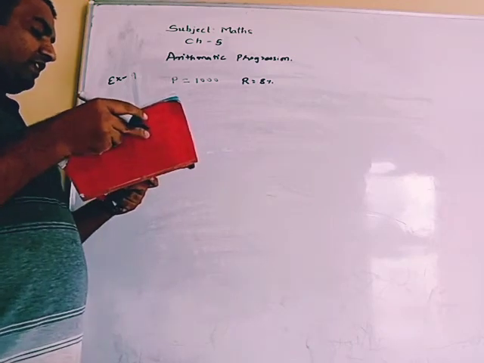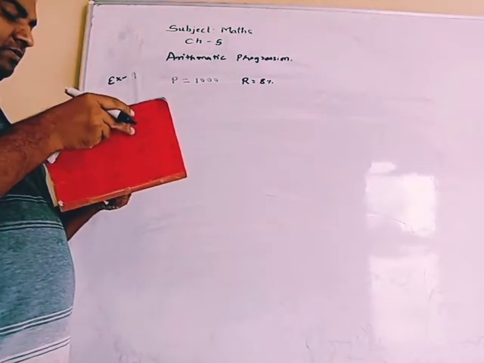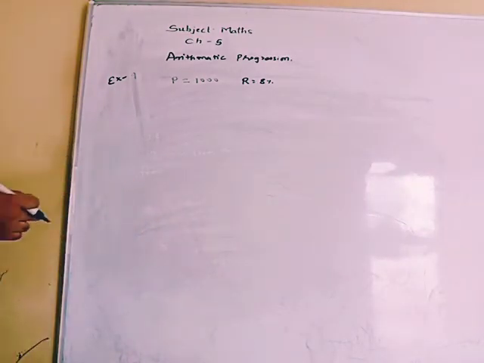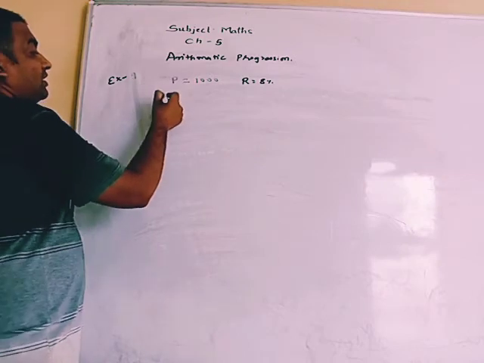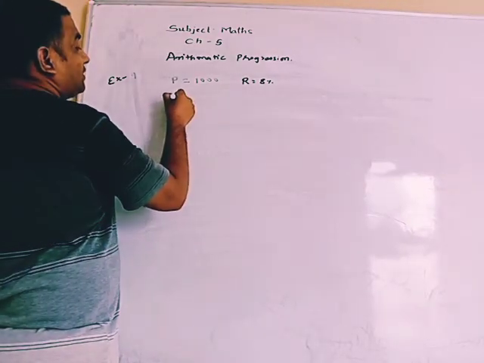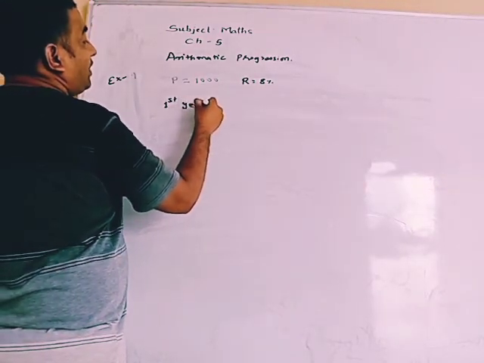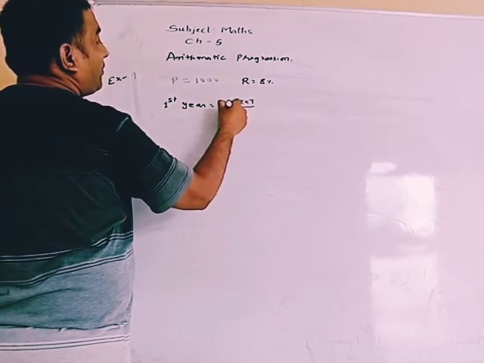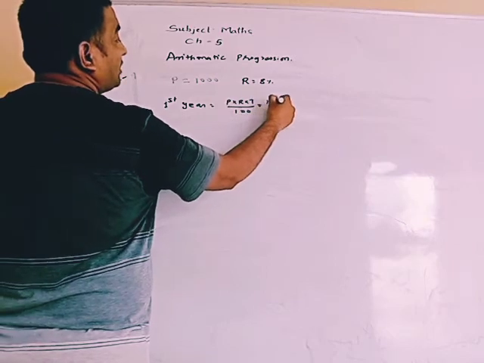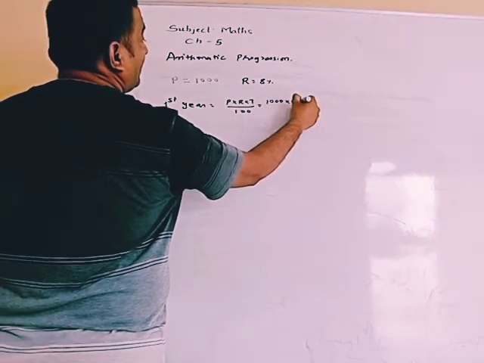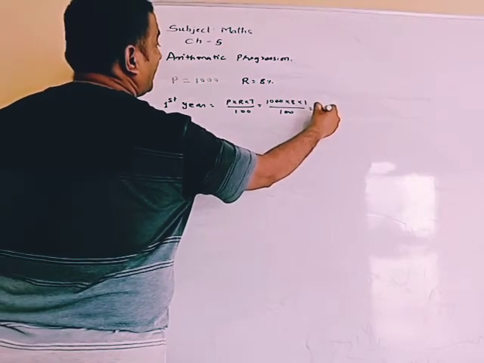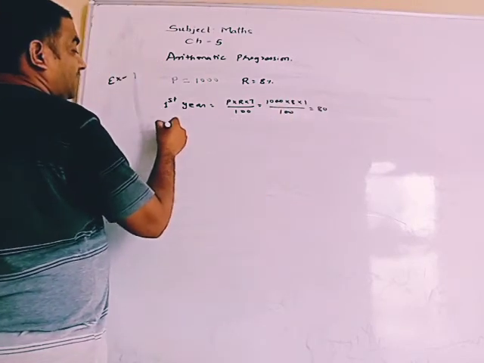Then find the interest at the end of 30 years, making use of this fact. So first year interest is principal into rate into time upon 100, so 1000 into 8 into 1 upon 100. The zeros cancel, so 80.